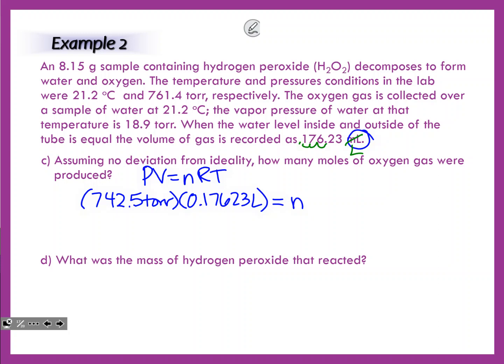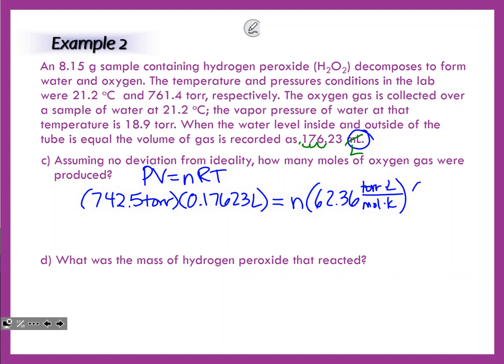Do we want the 0.08206 or the 62.36 number? Yes, we want the 62.36 because that's in torr times liters over moles times K. Now you don't have to write all the units in there, but I'm writing them so you can see how they cancel.